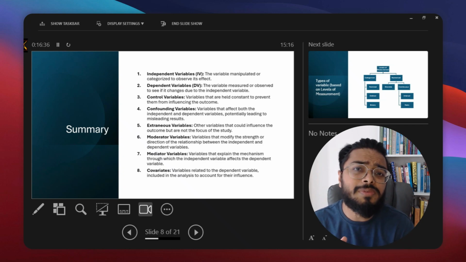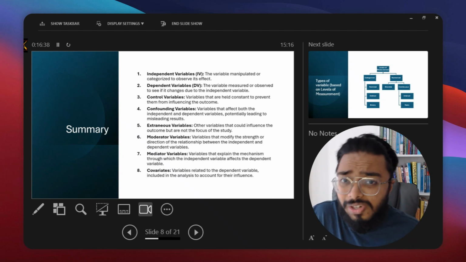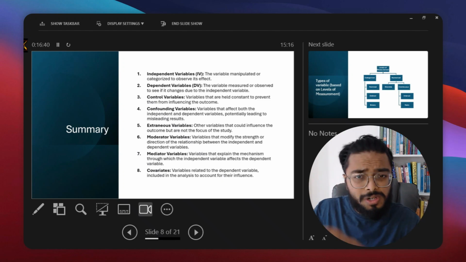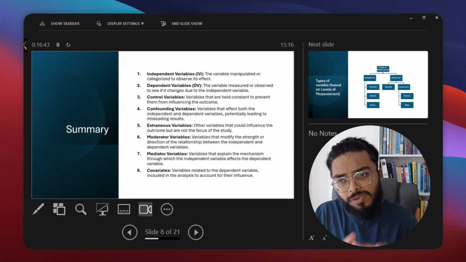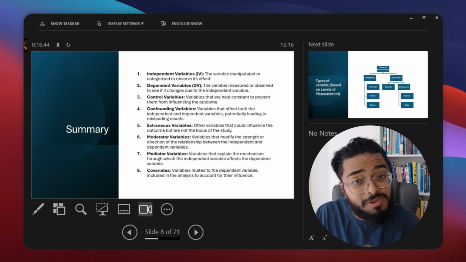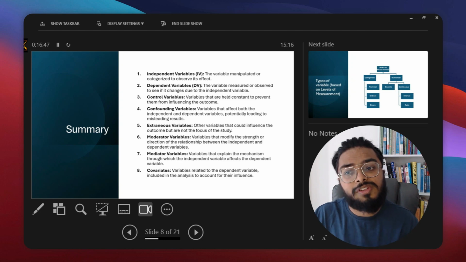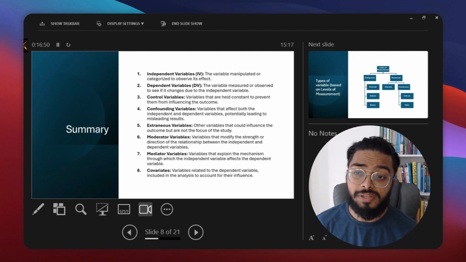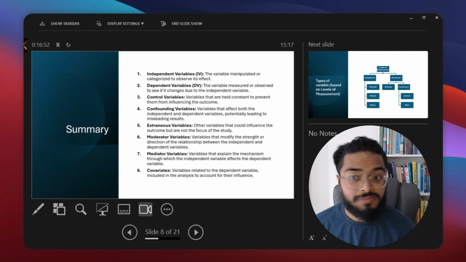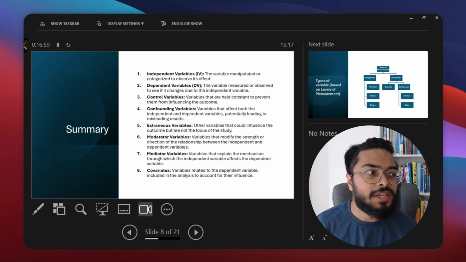So the independent variable's effect is what we are interested in research. We don't want any other factors to influence it and become a confounding variable and influence our study. And extraneous variables are any other variables that could influence the outcome and are not the focus of the study. So for example, it could be the temperature or the time of day.